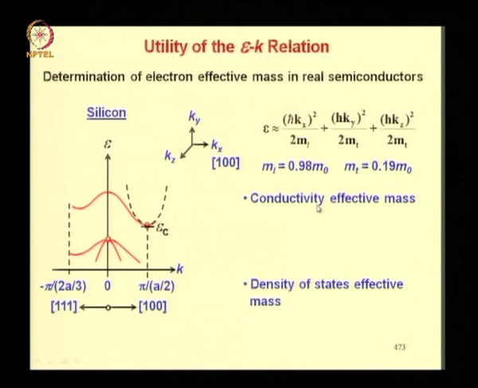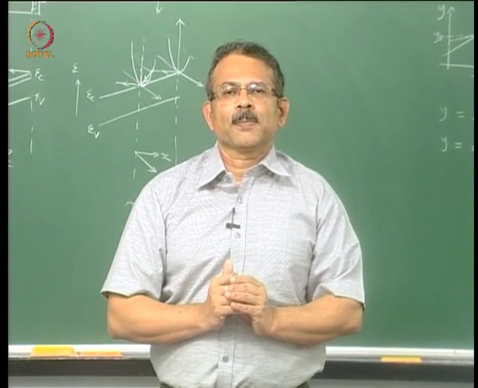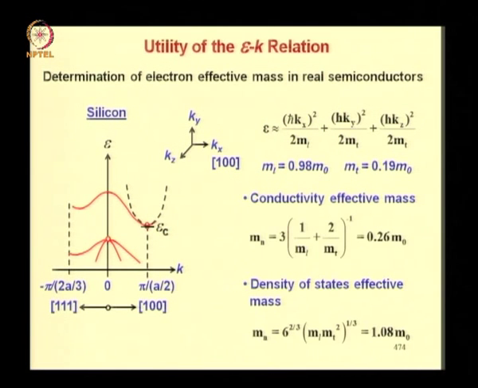2 situations are conductivity and density of states. So the conductivity effective mass is obtained by averaging the conductivity in x, y and z directions, and the result of this is an equation: Mn equals the reciprocal of 3 times (1 by ml plus 2 by mt). So this is a kind of a harmonic mean of ml, mt and ml and mt in the 2 other directions, that is why the factor 2.